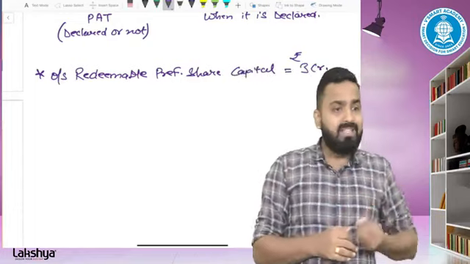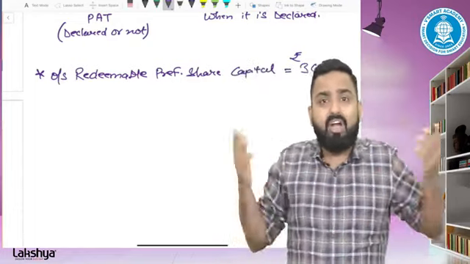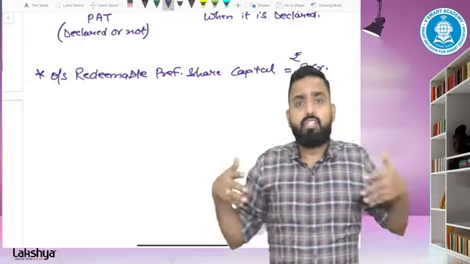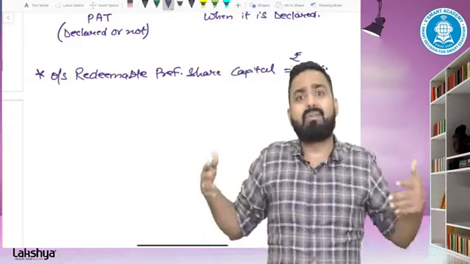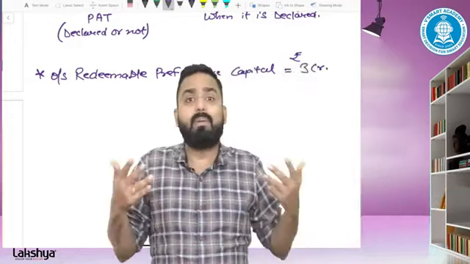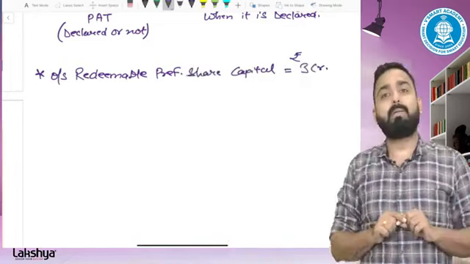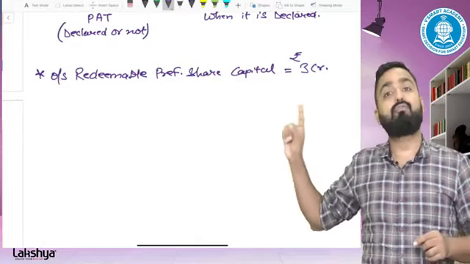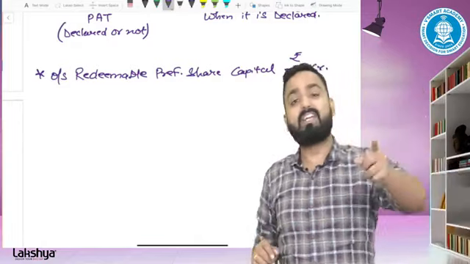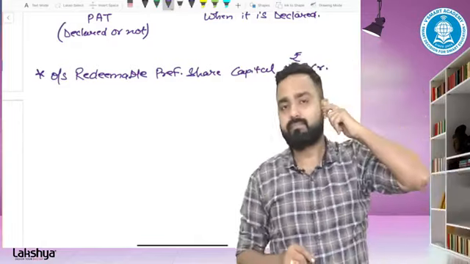See, share capital or equity is something where you don't have any obligation to repay. But if you have a particular obligation to repay in cash, that must be your financial liability, and that is defined under Ind AS 109.